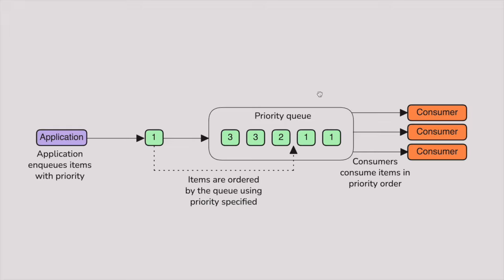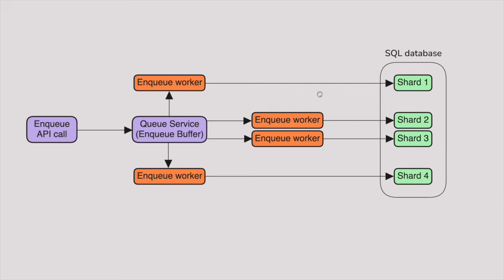Now let's talk about how we're going to store our items in a SQL sharded database. For every single topic, we would have multiple enqueue workers that would be responsible for storing messages on the different shards. So let's say I post a message to topic 1 of the queue service. That topic is backed by multiple shards of the MySQL database. And for every single shard, we would have an enqueue worker, which means that it would be listening to the incoming messages and then storing them in the shard.